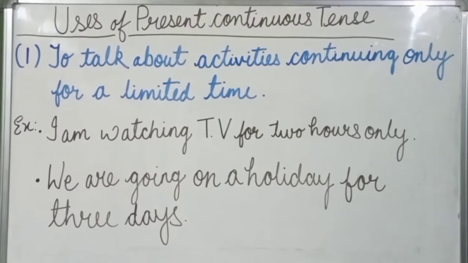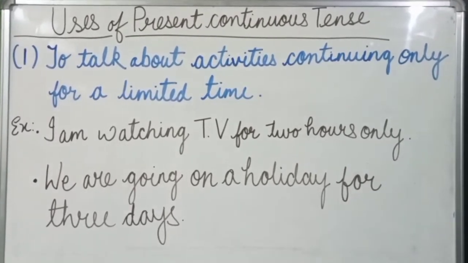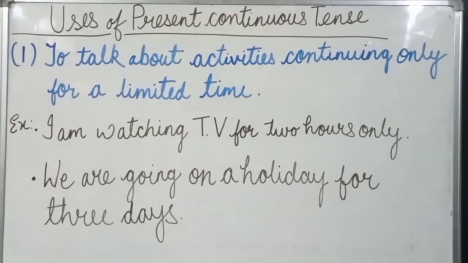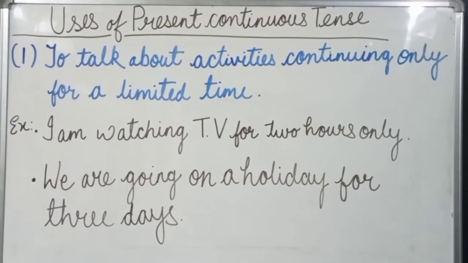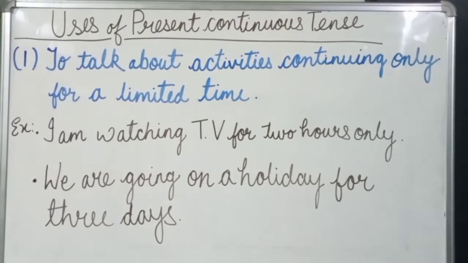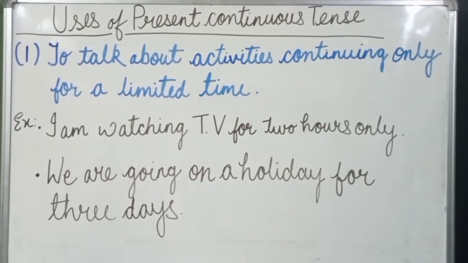Now, children, let us see some of the uses of present continuous tense. First, to talk about activities continuing only for a limited time. Here, we can limit the duration of an activity. For example, I am watching TV for 2 hours only.